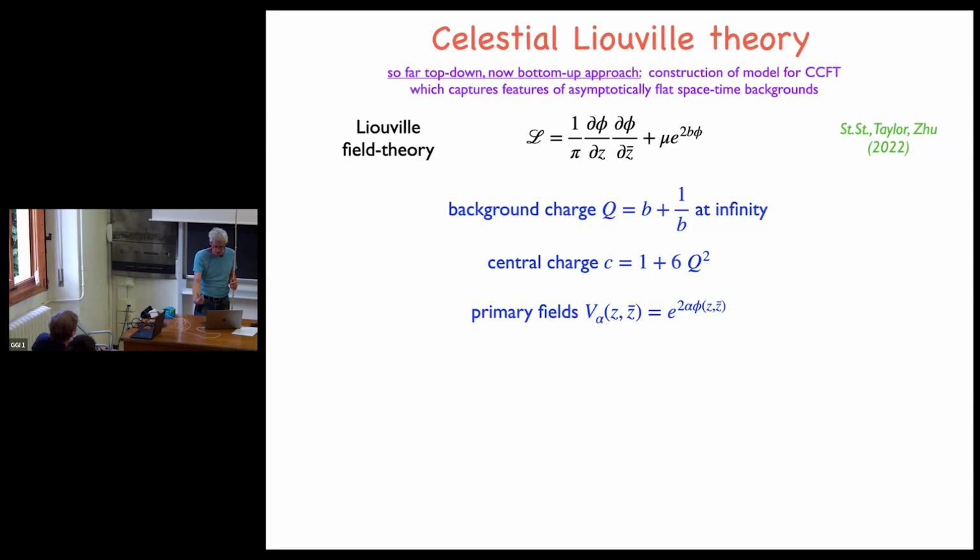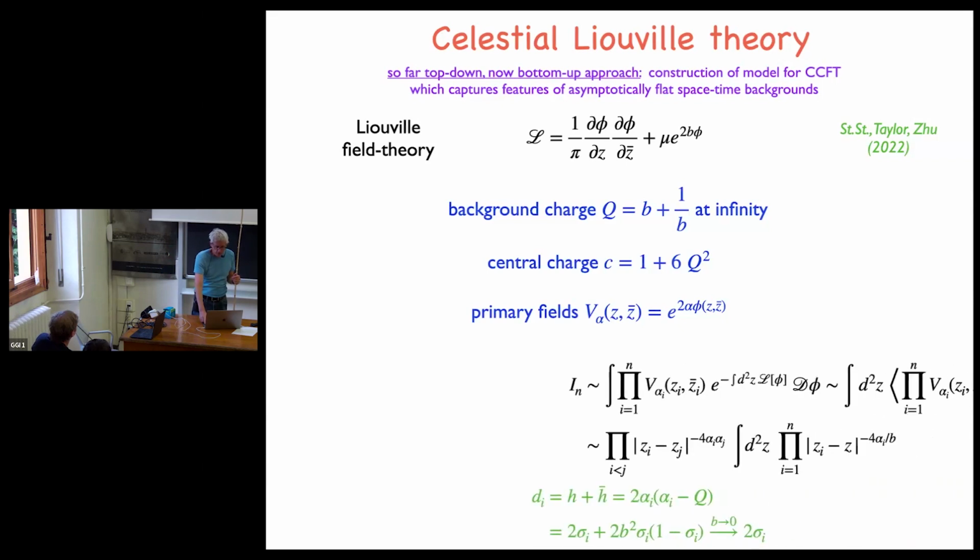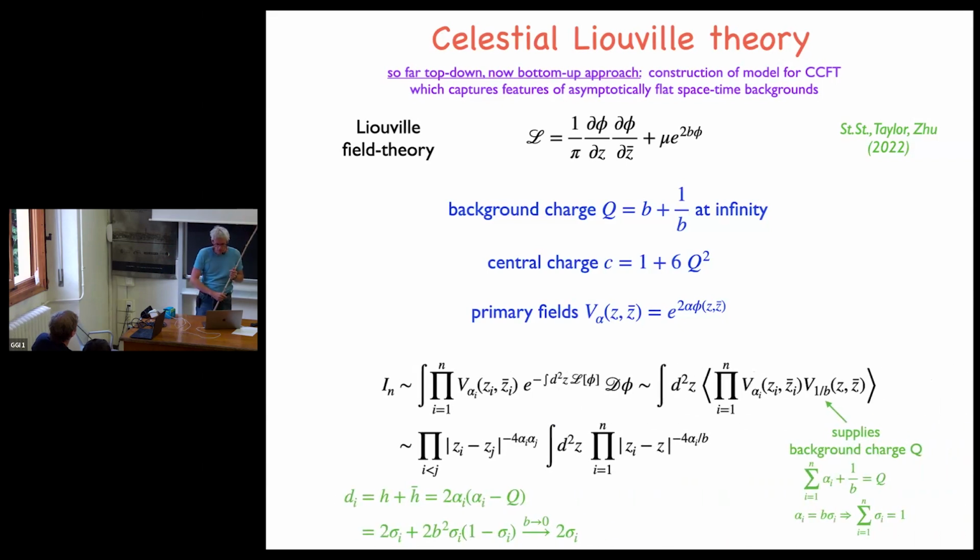What we need at tree level is that we look at this infinite central charge limit. So we take b goes to 0, so this becomes infinite, and this limit gives the tree level result.